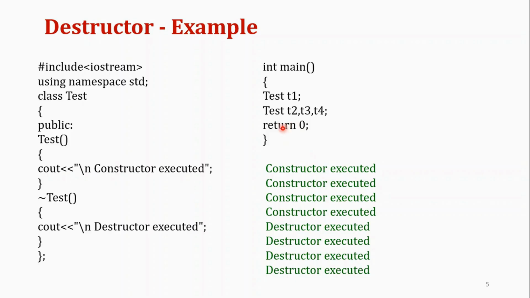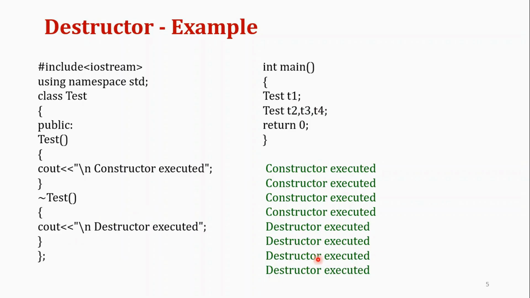And whenever the program ends, at return 0, the scope of the objects is no longer needed, which means at the end of the code the objects' scope is getting over. So at the line return 0, the T1, T2, T3, T4 objects are terminated and the destructor will be called automatically.